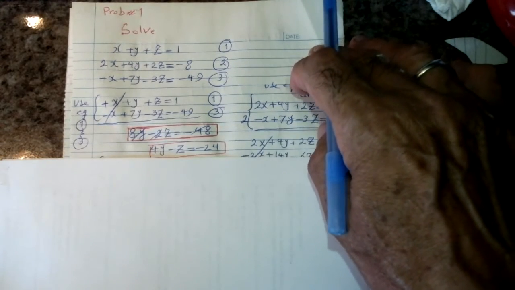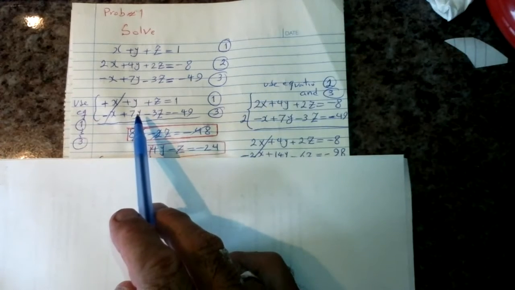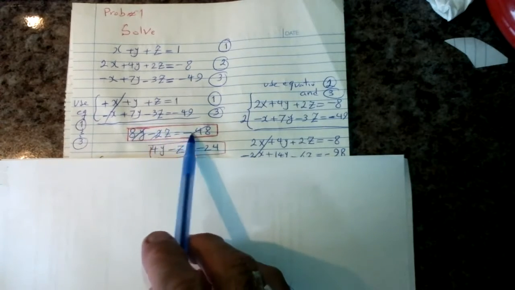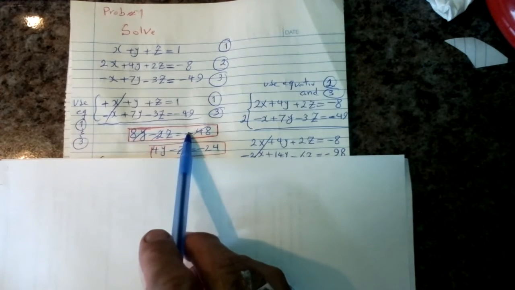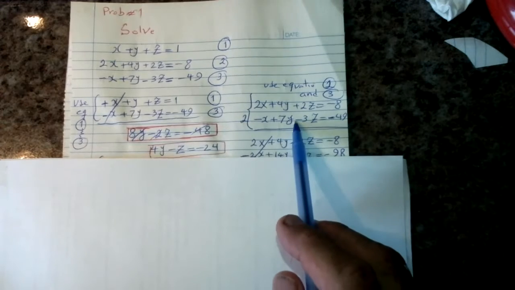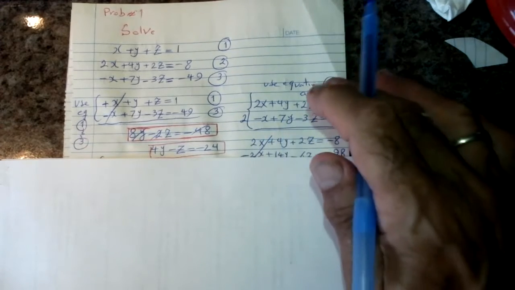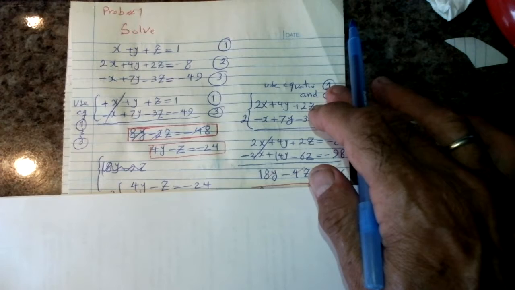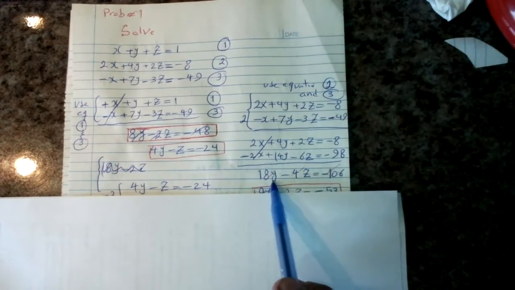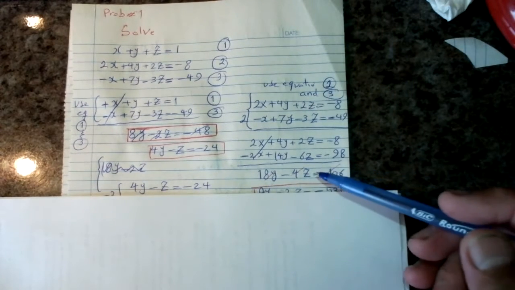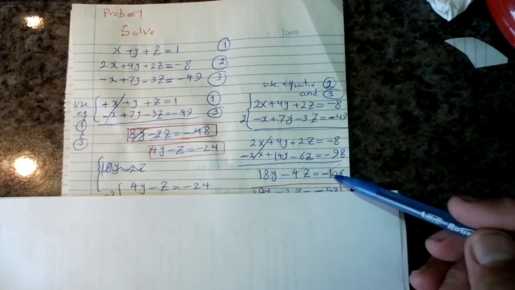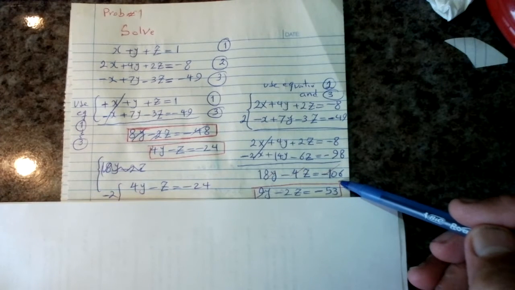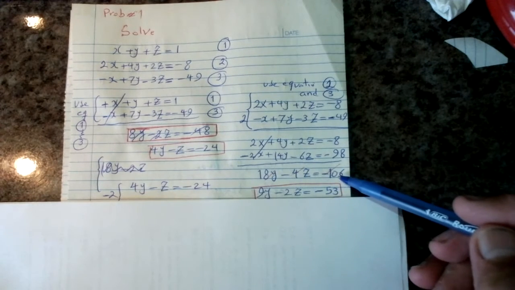So the first one, when I eliminated x, I see an equation with no x in it. And the second one, when I eliminate x, I end up with an equation which also does not have any x in it. And if you see all the numbers are divisible by 2, you do that to make the problem simpler.